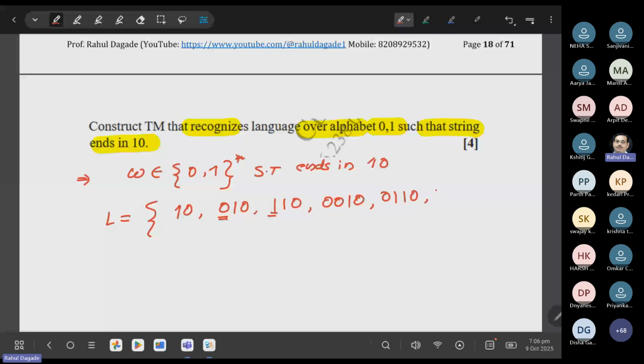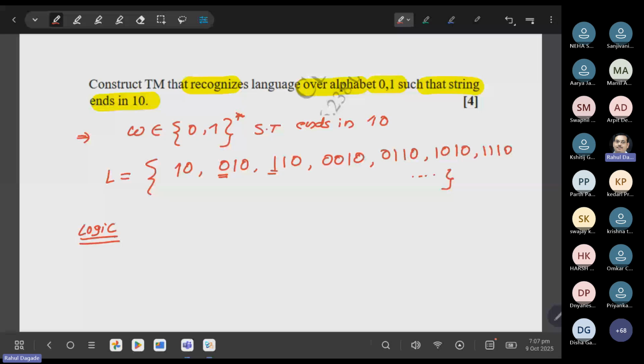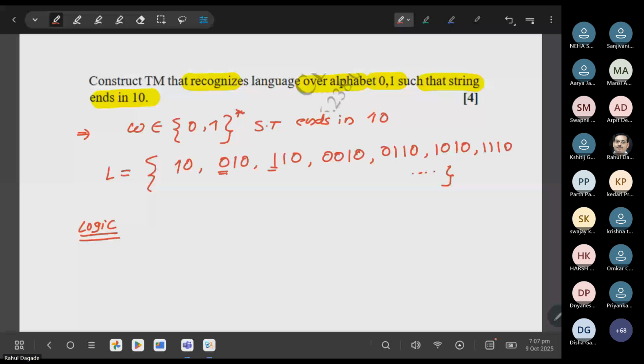So now what logic will you apply? You have to have states which will recognize that the string ends in 10, just like we have a finite automaton to design the set of strings that ends in 10.